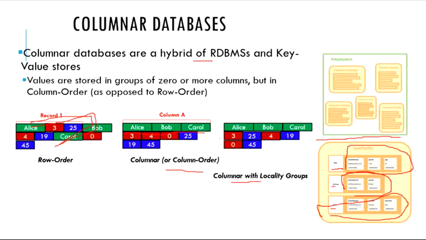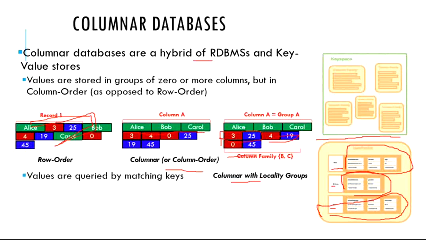Then these columns can have locality groups as well. So instead of having data for all of them, you see that we have subsets over here. So Alice's data 3 and 25 are joined together, where we've created one subset, and then 4 and 19, and then 0 and 45. So we've got smaller subsets that we can join together in columnar data.